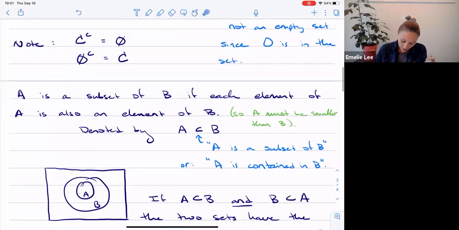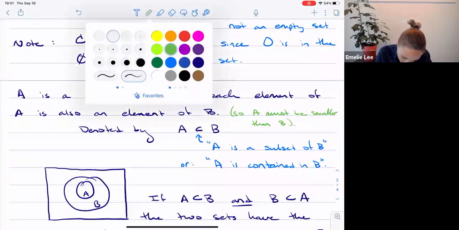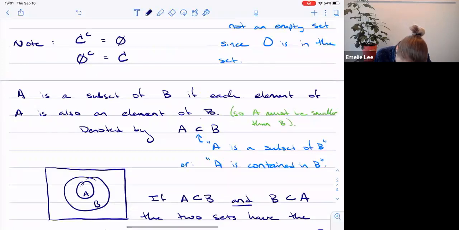How we denote it is with this kind of lopsided C. I didn't do a great job drawing it here. We denote it by saying A is a subset of B, is how we should typically read it.